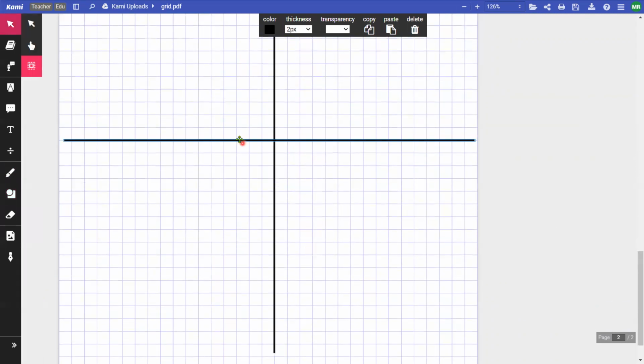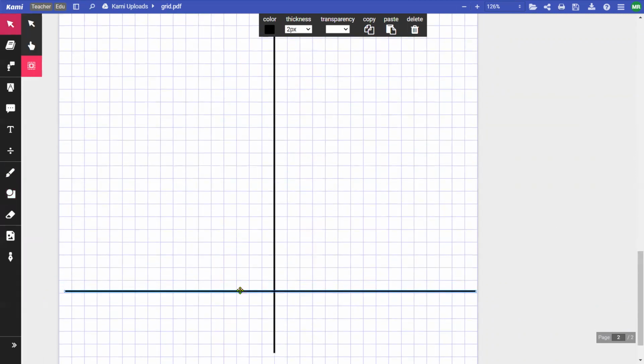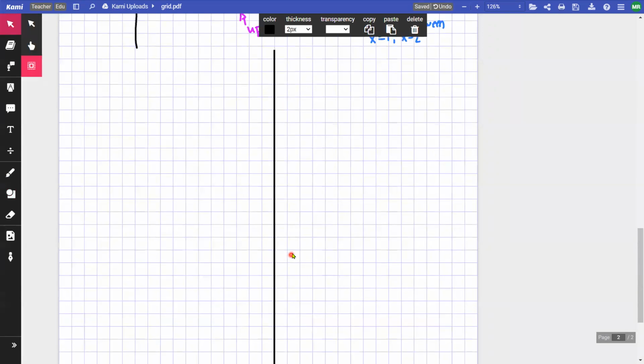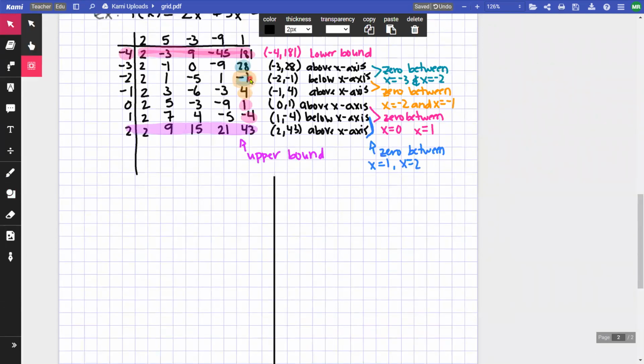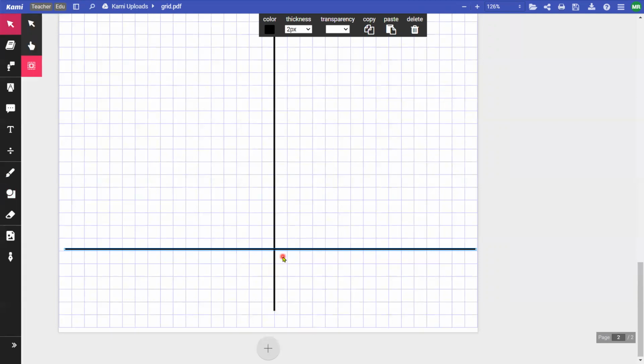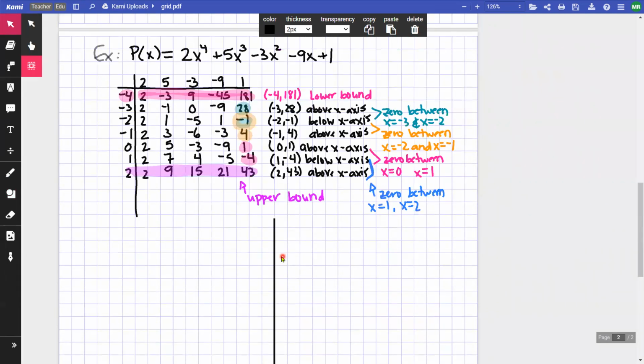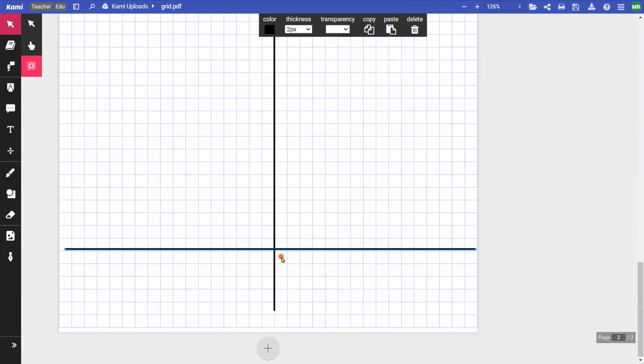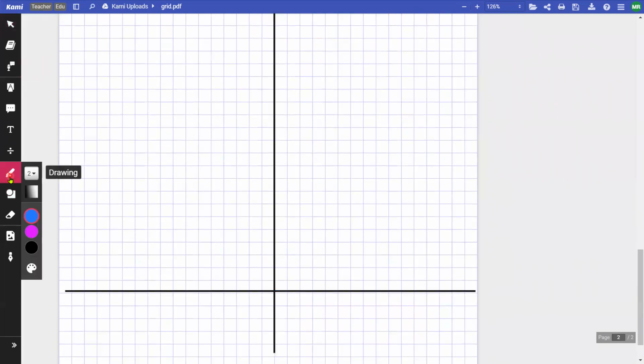Maybe you can fit it. I guess maybe I could drop this down a little bit, but I do need to get down to a -4. So I want to at least get down to a -4. I don't know if you can fit -3, 28. If you can't, oh well, we won't fit it in.